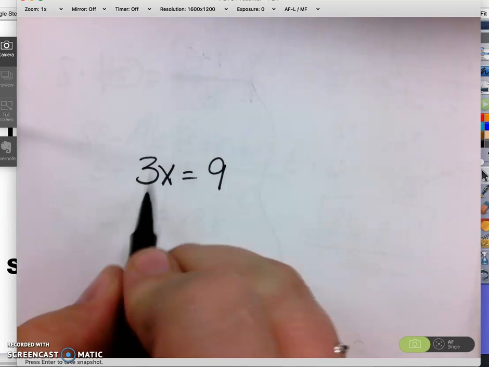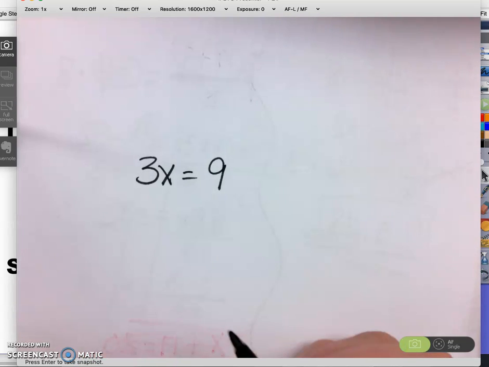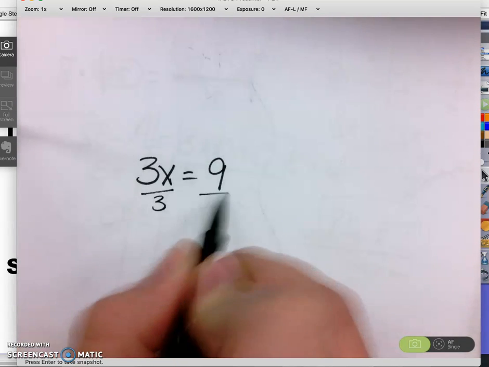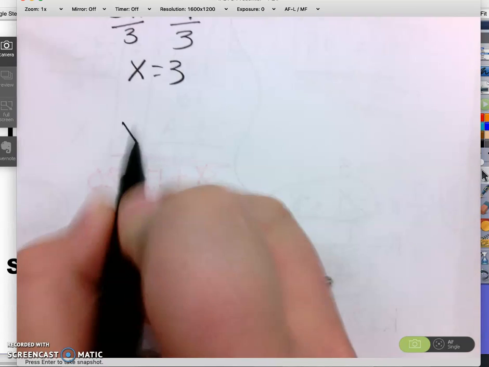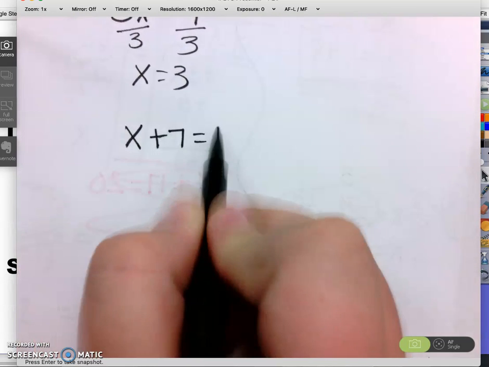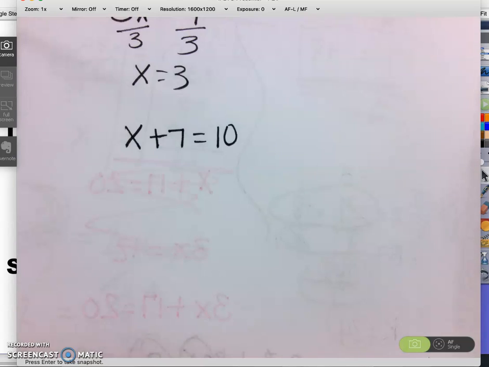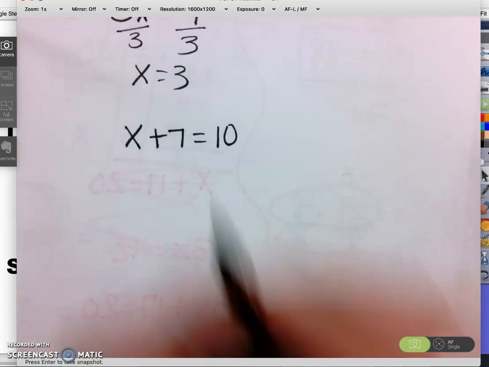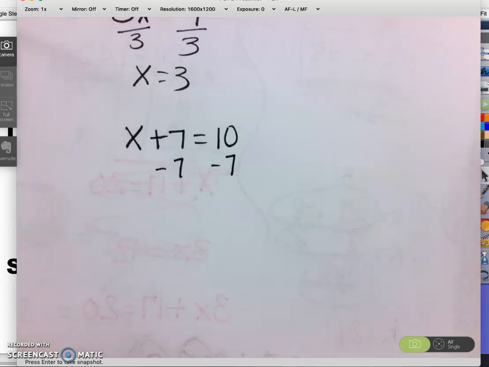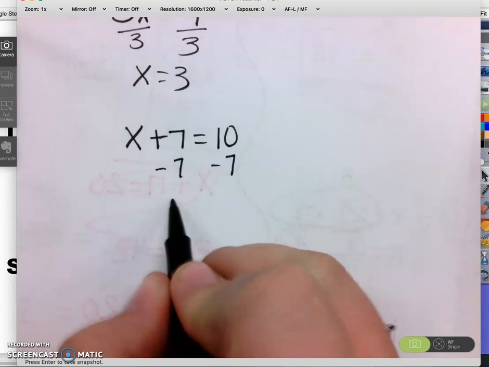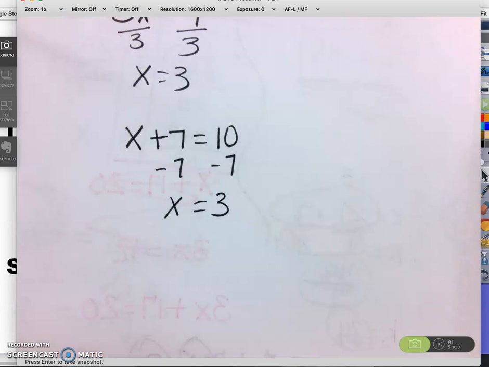And we would divide both sides by what? 3, right? And we would get x equals 3. Or a problem like x plus 7 equals 10, where we needed to undo it by subtracting 7. Remembering our rule of whatever we do to one side, we have to do to the other, and then x would equal 3.